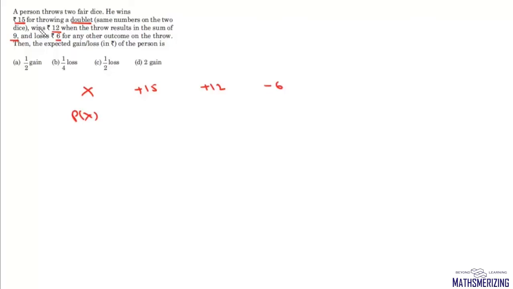Now he'll get 15 when he throws a doublet, and this probability is 6 by 36. Now he'll get rupees 12 if the sum is 9. So it'll be 9 if it is 3, 6, 4, 5, 5, 4 and 6, 3, which is 4 by 36, and all other cases it is minus 6. So it'll be this 10 by 36. 1 minus 10 by 36 is 26 by 36.